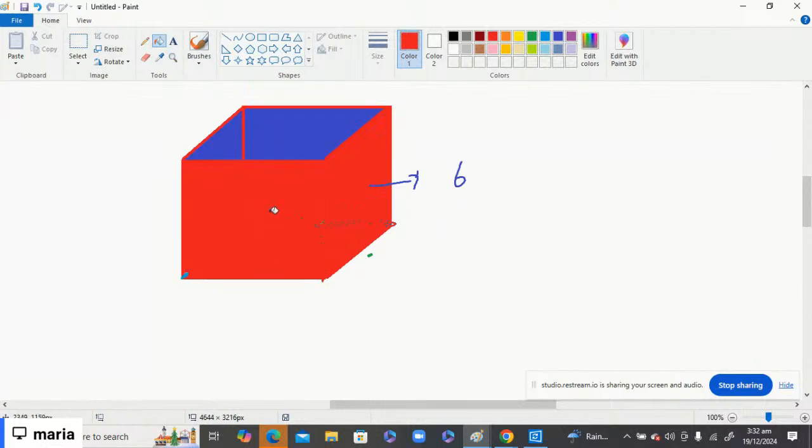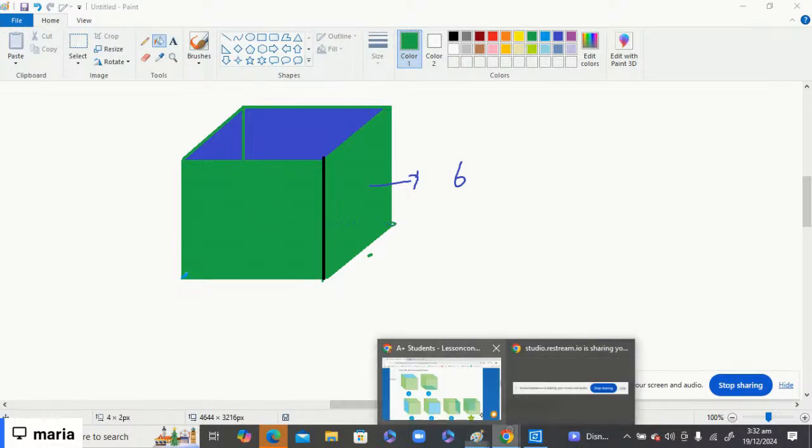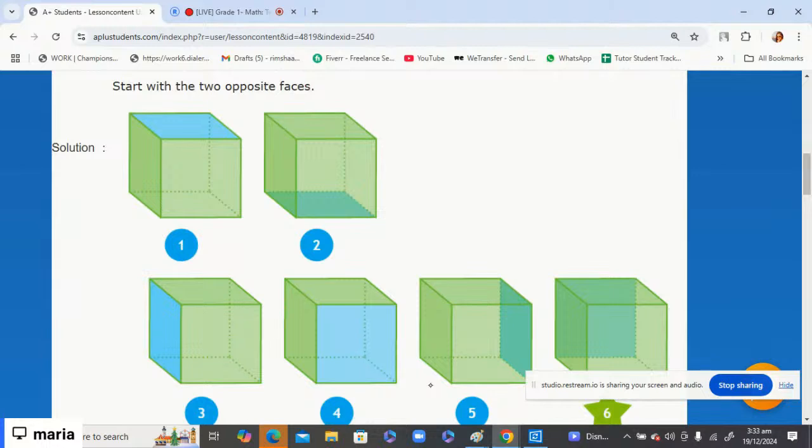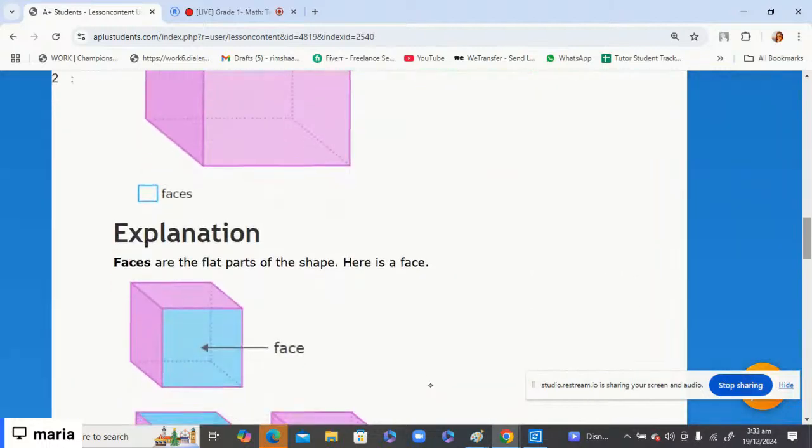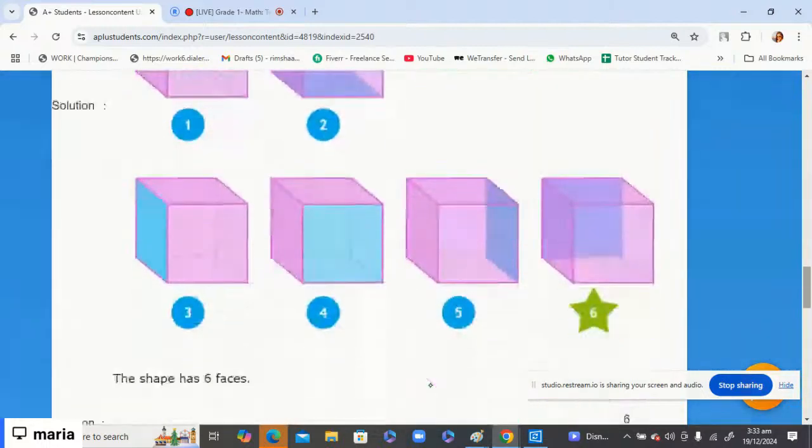This is the front part of this. Front and back part of this. Front, and now the back is not given here. So these are the things that we have done in it. So how many total faces? These are the six total faces.